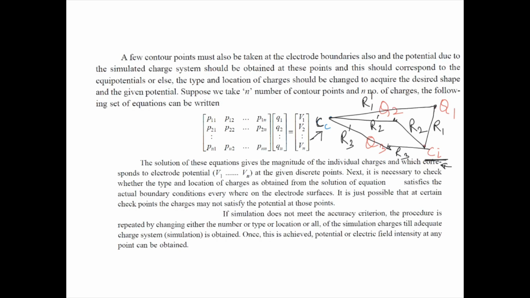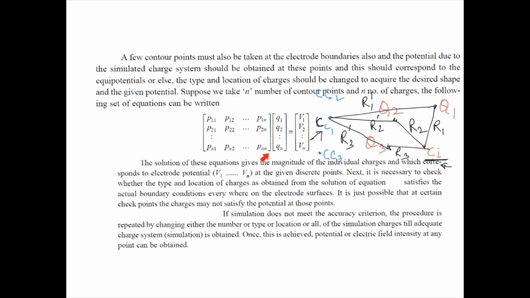In the next step, we consider three more checkpoints, say Cc1, Cc2 and Cc3, and we assume that the electric potential at Cc1, Cc2 and Cc3 is also known to us. All these points are again connected to Q1, Q2 and Q3, and then we write similar equations.